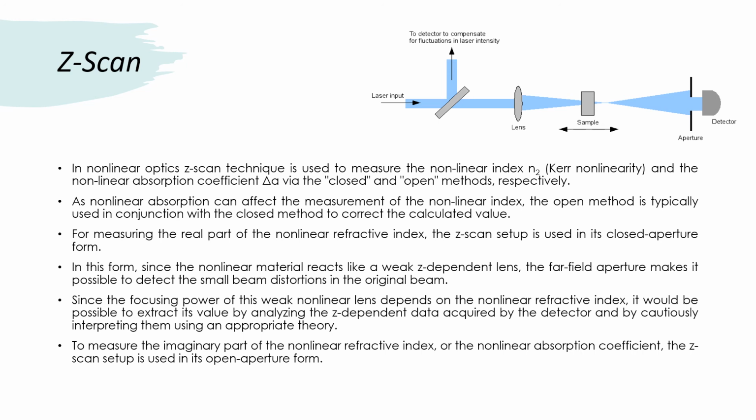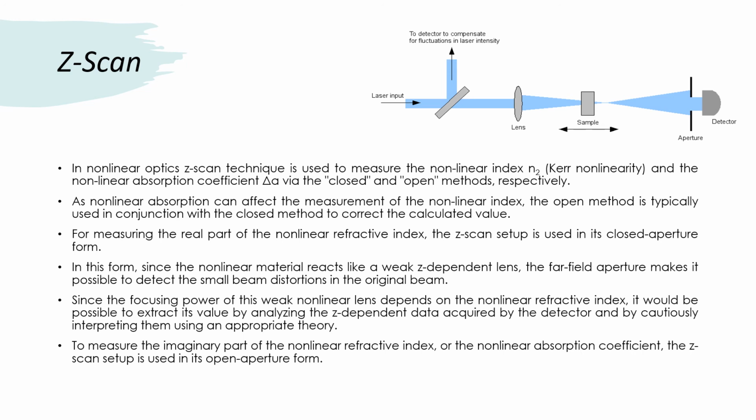Since the focusing power of this weak nonlinear lens depends on the nonlinear refractive index, it is possible to extract its value by analyzing the Z-dependent data acquired by the detector and by cautiously interpreting them using an appropriate theory.